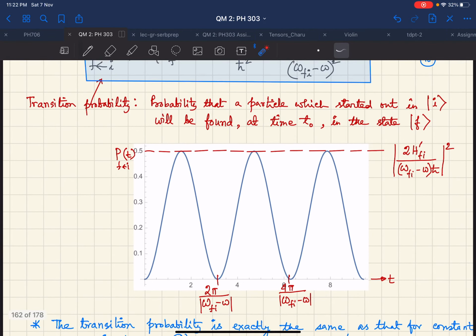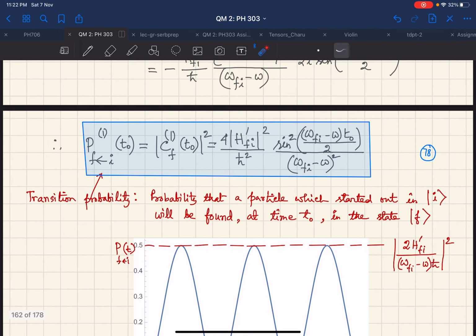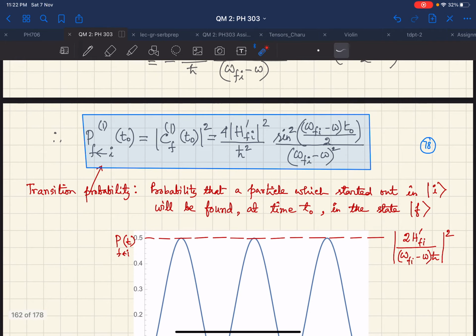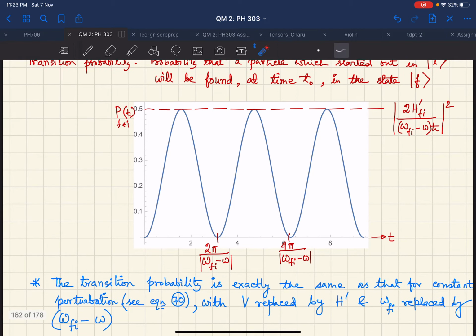The only difference is that in the case of constant perturbation, instead of H'_fi we had V_fi, and instead of (ω_fi minus ω) whole square, we only had ω_fi square here. Similarly, here also we had sine square ω_fi t_0/2. Why is there this extra ω? Because my perturbation itself is driven by this frequency ω. So that is why there is this ω_fi minus ω, and interesting things happen when ω_fi is near to ω, that is near the resonance frequency.